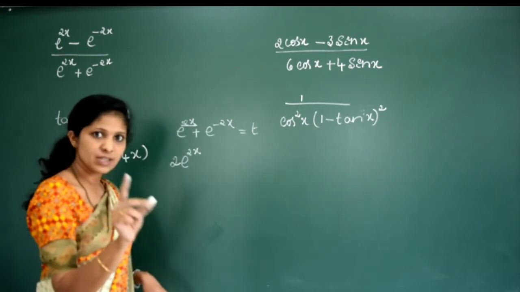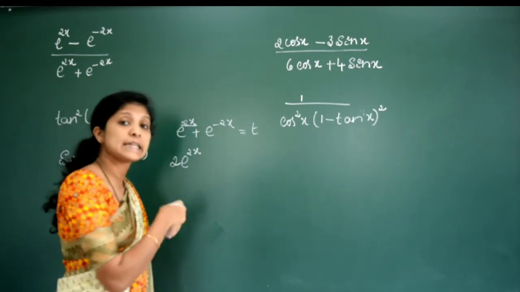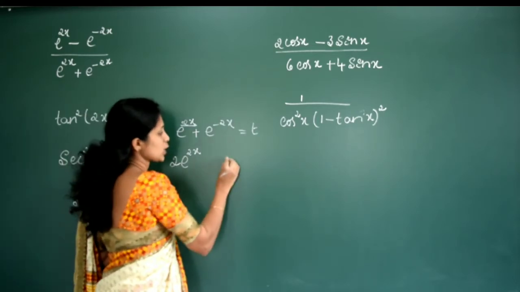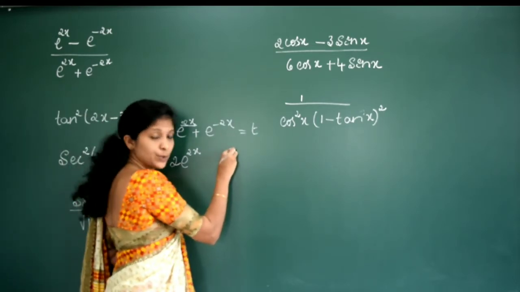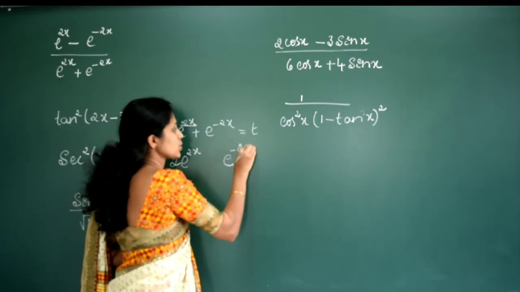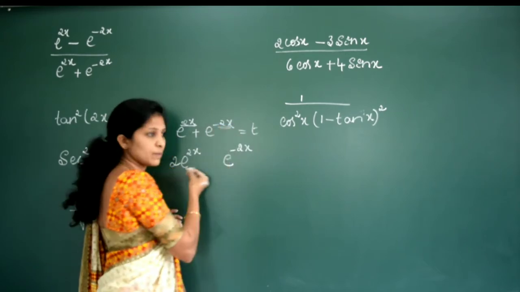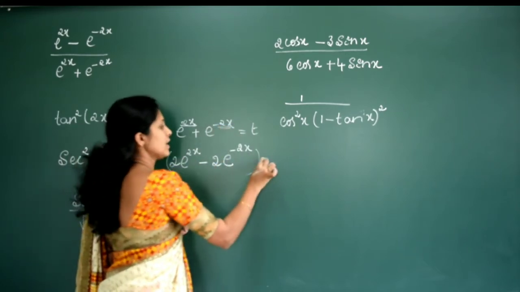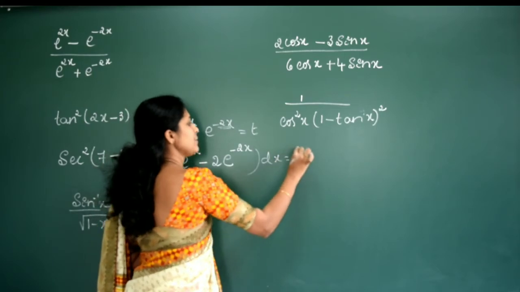Remember, in the differentiation we need to multiply; in the integration we need to divide by 2. And the derivative of e to the power minus 2x, with the derivative of minus 2x equal to minus 2, right? Into dx is equal to dt.